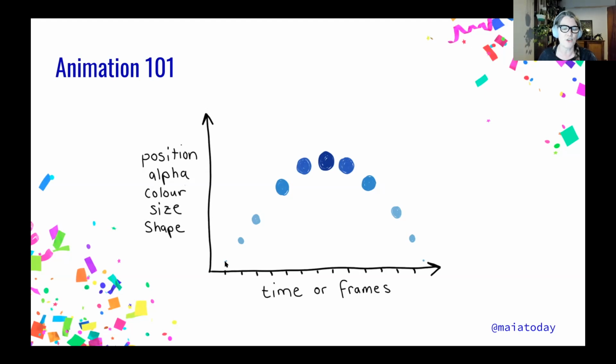So in this case here, you can see the shape is changing, and the color is changing, and the size is changing. The other thing to know about animation is that the shape of this graph is going to determine what the movement looks like. So that's just understanding animation and then trying to frame adding animations to the app onto that.